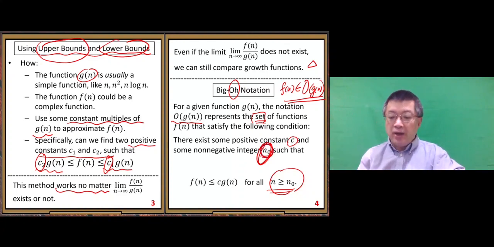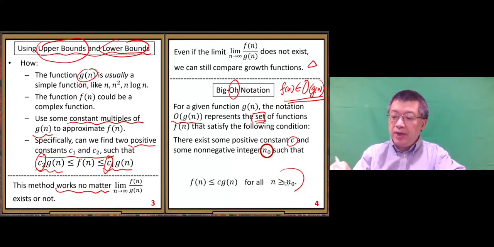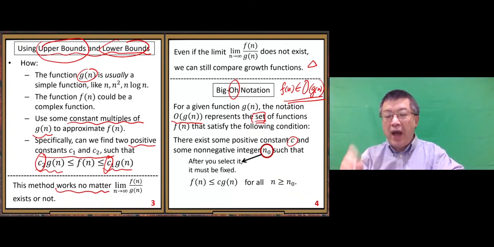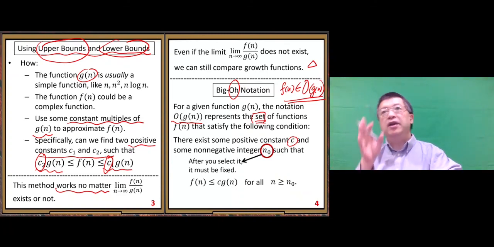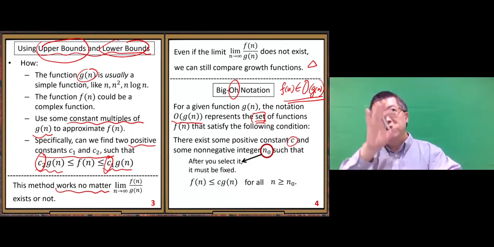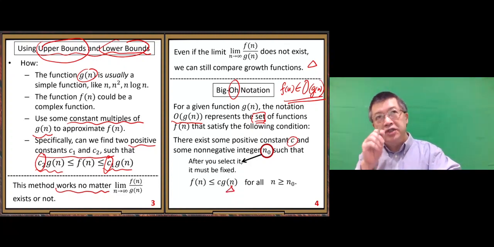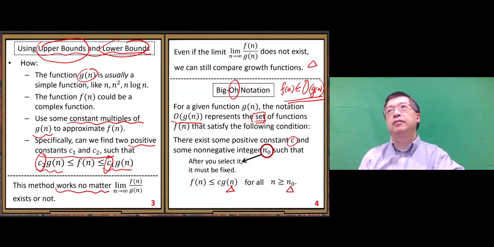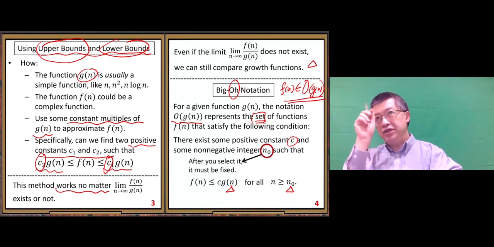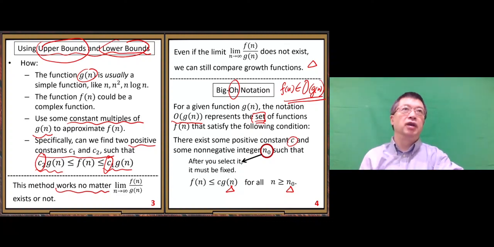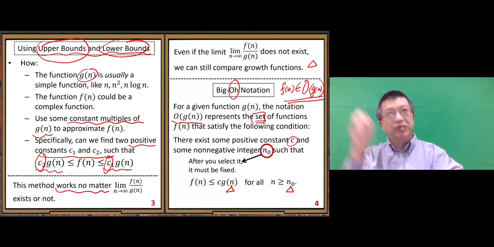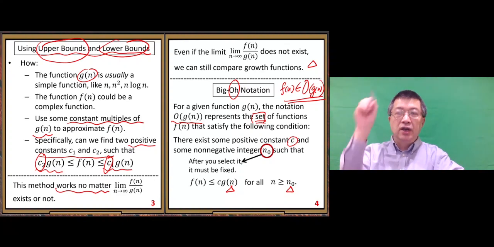But it has this property: as soon as you select that n0, it must be fixed. When you change the size n, you never change the value of n0. You only have one chance. The first time you have freedom to choose it, but as soon as you choose it, fix it.